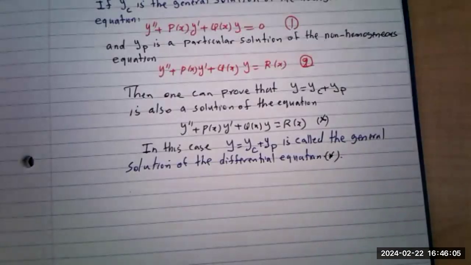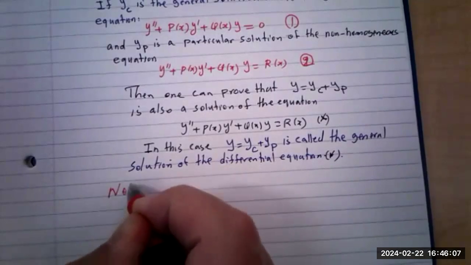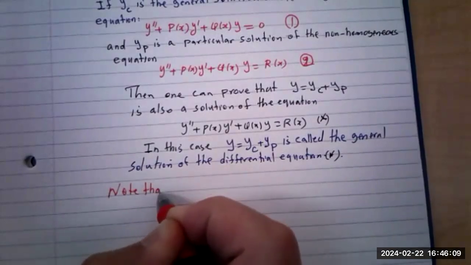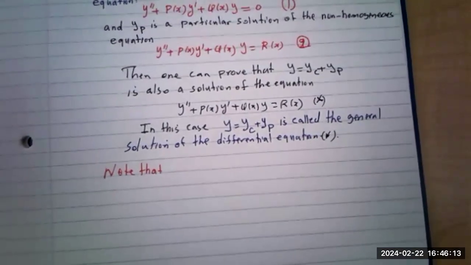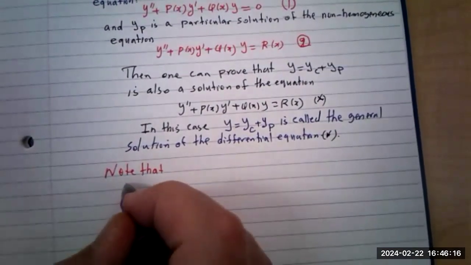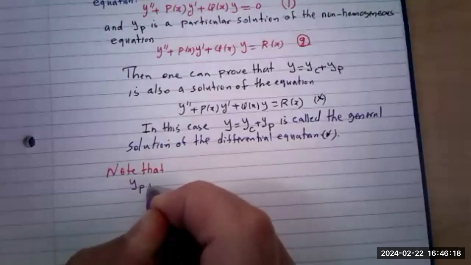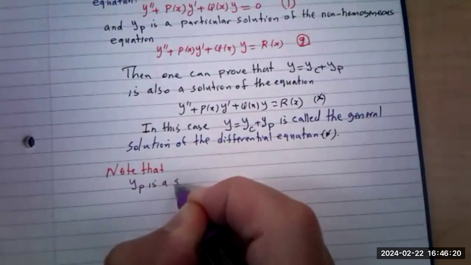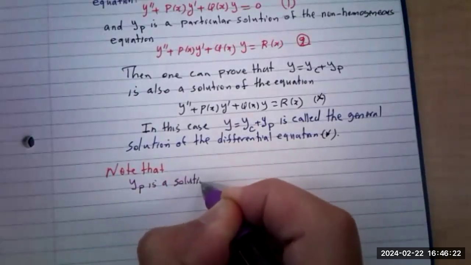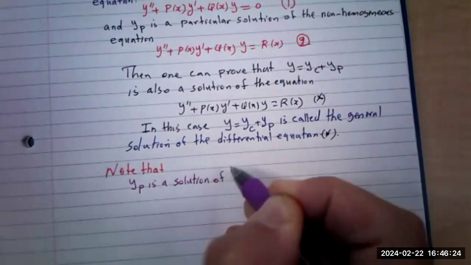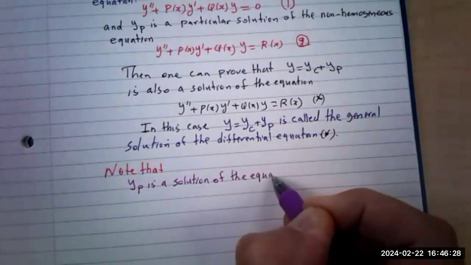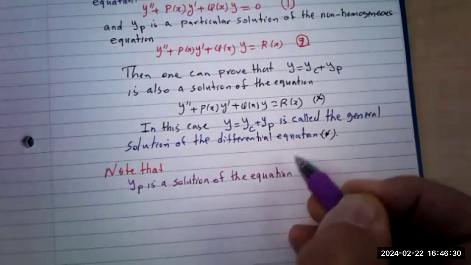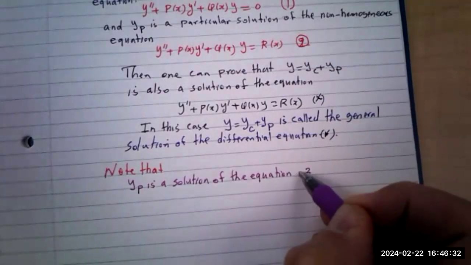Note that. What do you know about yp and yc? The first thing: you know that yp is a solution of the non-homogeneous equation, equation number 2.